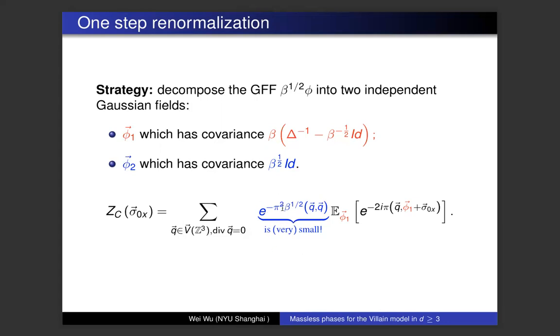It's basically e to the minus beta one half times the L2 norm of Q. So we know that if beta is big or Q has a large support, this term is going to be very small. Essentially it favors just small Q, which is like dipoles. Then we have the remaining expectation here.